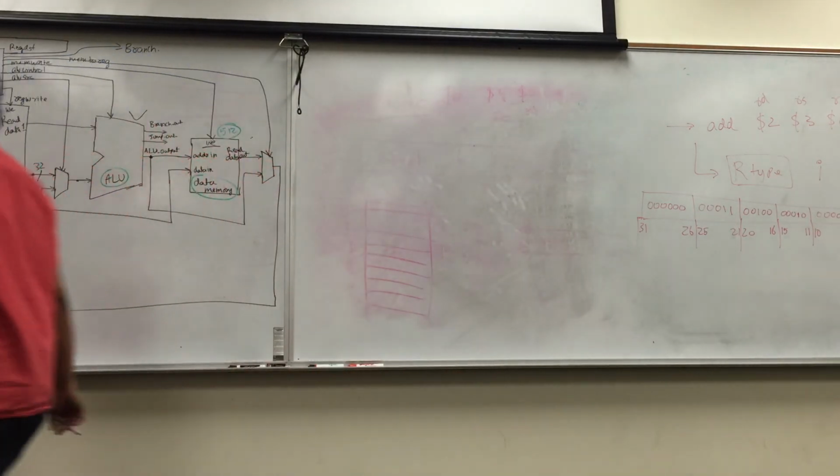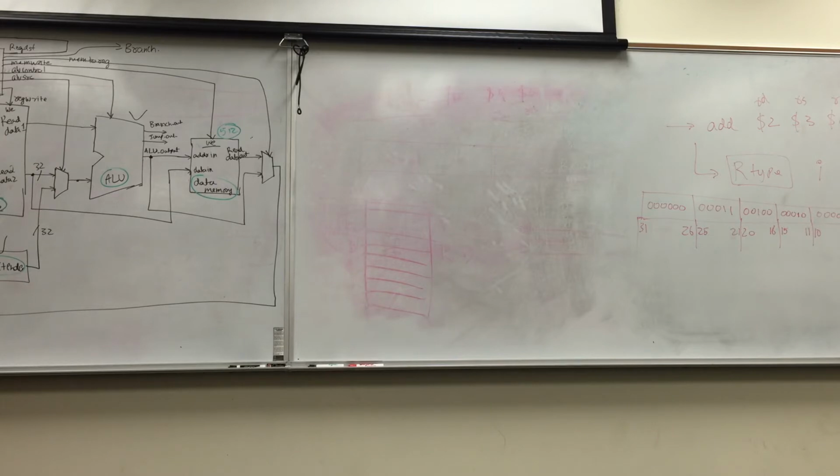Okay. Alright, so this is my instruction which is coming from the instruction memory. Okay? So what will happen here? So my opcode is 0, 0, 0. Function is 1, 0, 0, 0, 0, 0. Correct? Yeah? So my RS is 0, 0, 0 and then 1, 1.